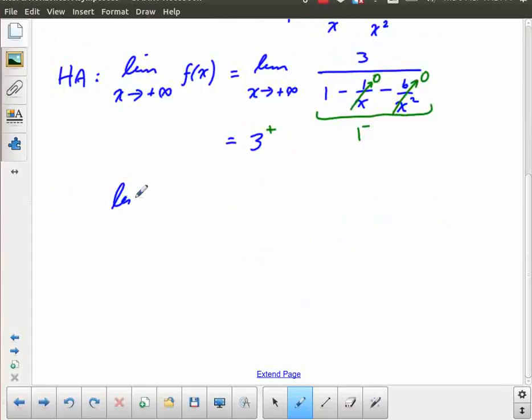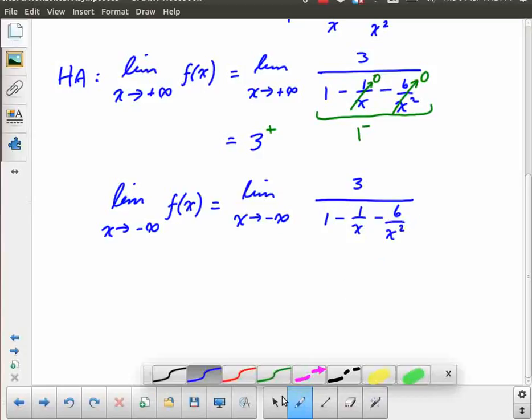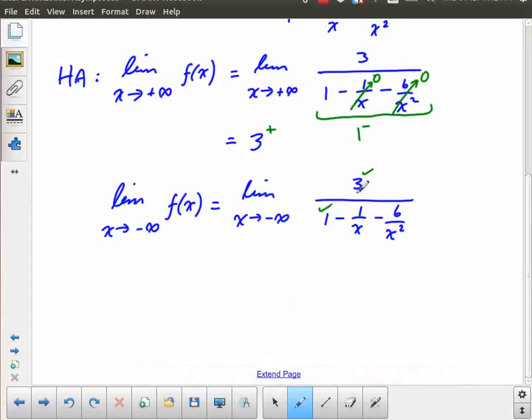Let's take a look at the limit going the other way, the limit as x approaches negative infinity of f of x, which is the limit as x approaches negative infinity of, and we ended up with 3 over 1 minus 1 over x minus 6 over x squared. So now let's ask ourselves, what's happening to the various pieces here? The 3 stays the same, the 1 stays the same.